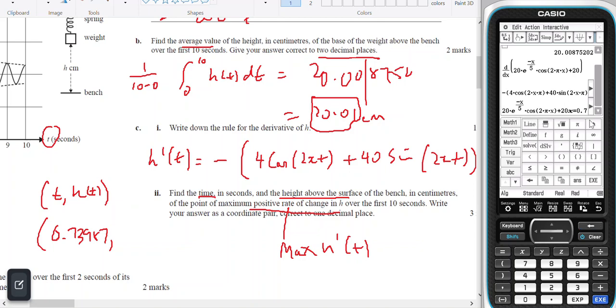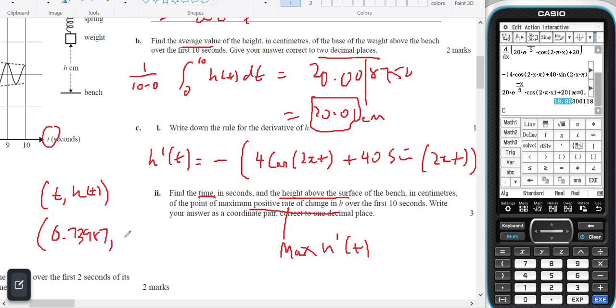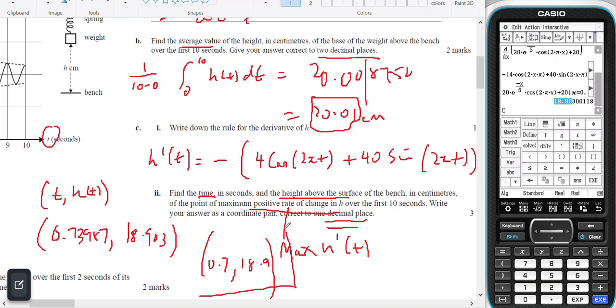I'll put my given there, and that answer is 18.903. We want to give this to one decimal place, so 0.7 and 18.9 is the time and the maximum height.